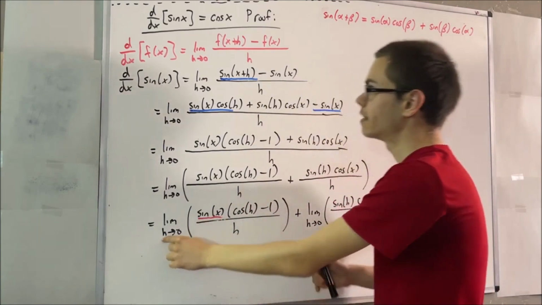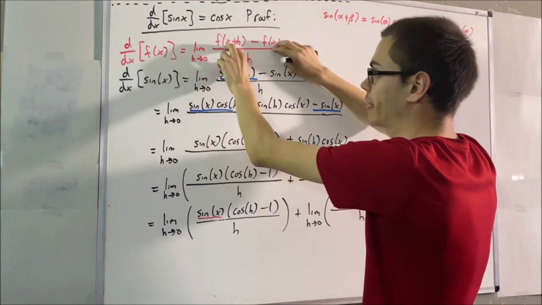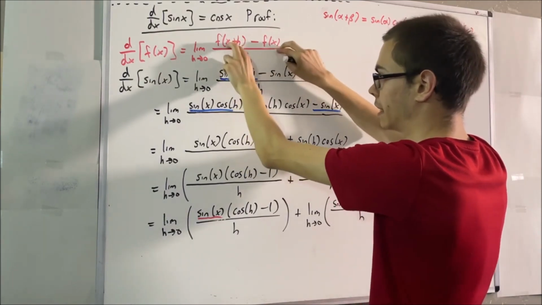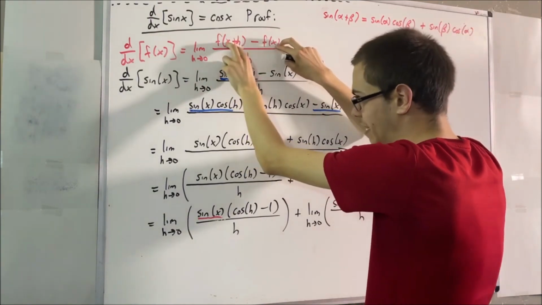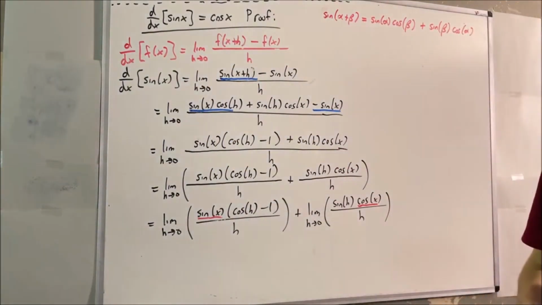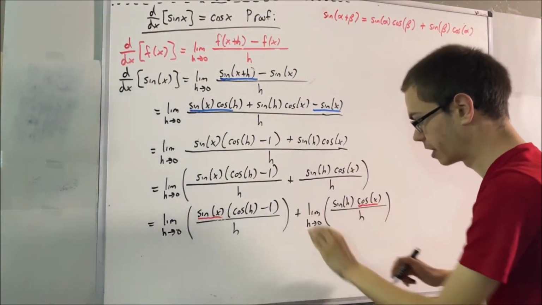Why? Because in the definition of the derivative, as h approaches 0, nothing happens to x. We're just letting h approach 0, but nothing is happening to x. So x is treated as a constant as h approaches 0. Right, so we're just going to pull out sine x from this limit and cosine of x from this limit.